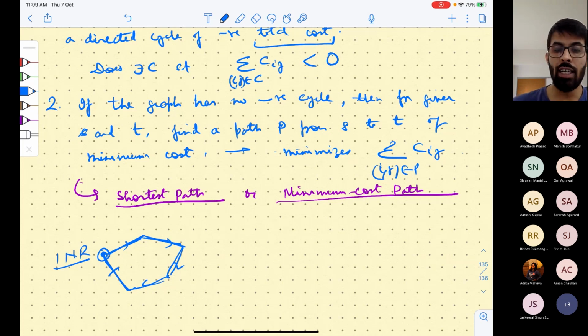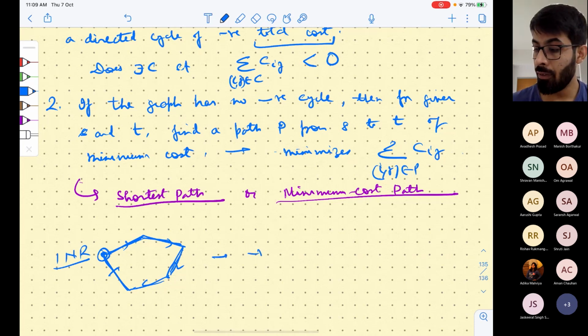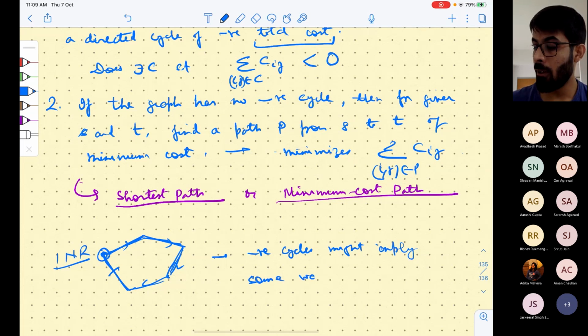Suppose profit is negative and loss is positive because it's the cost. You want to detect such cycles, where you can just go around a circle and without doing anything make some money. So there they might be useful, implying some way of making profit.